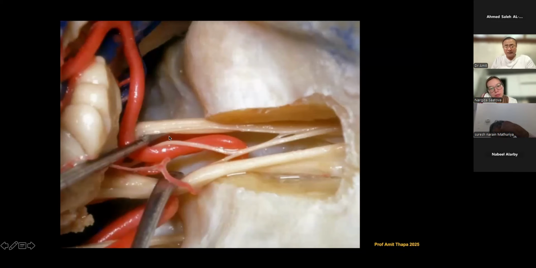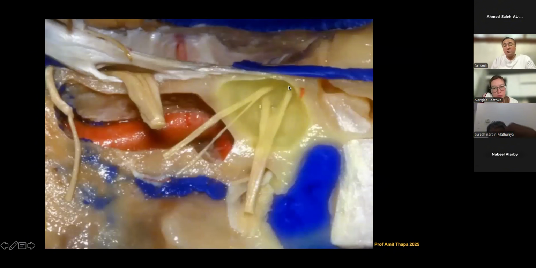And then this is the ICA, and these are the subarachnoid arteries. There's Bill's bar, which separates the superior vestibular and the inferior vestibular nerve. And then there is a horizontal crest, and then this is the internal acoustic meatus. When we open up the petrous portion of the internal carotid artery, this can also be exposed from the back. So this is just in the cadaver.